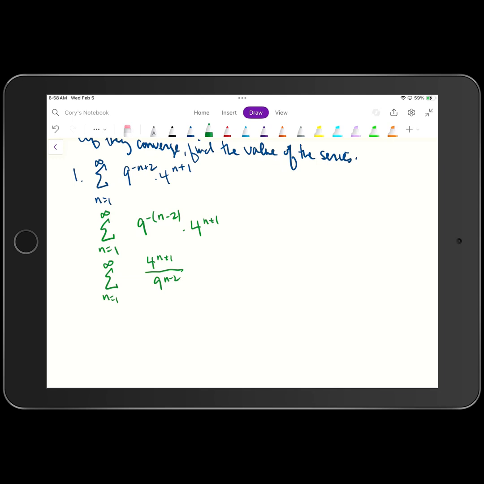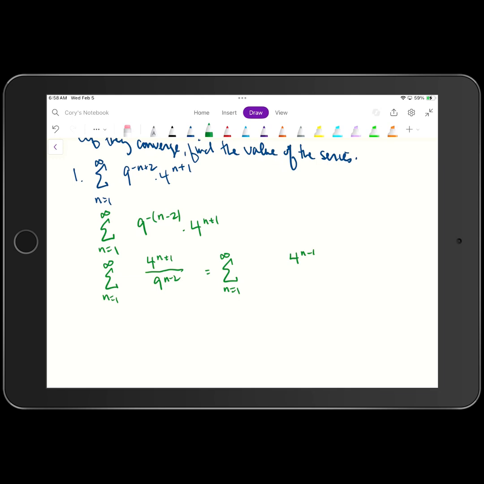Okay, so my goal with this is I want to take this, because we're starting at n is equal to 1, I want to express that quotient in terms of the exponent n minus 1. Okay, so in the numerator, I want one of my factors to be 4 to the n minus 1 power.